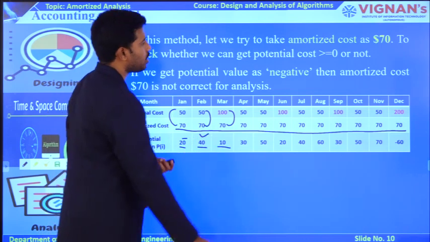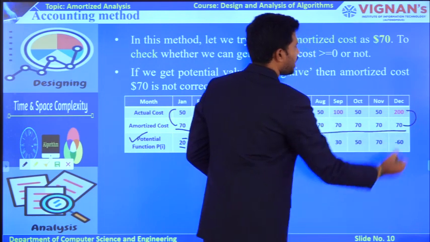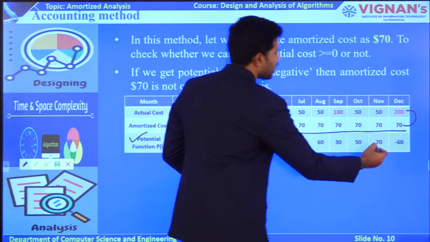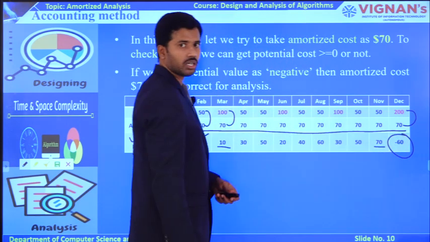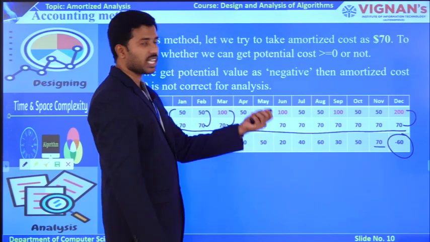Likewise for December, you have 70 minus 200, which is minus 130, and minus 130 plus 70 gives minus 60. Here you got the potential function for the last month as a negative value.